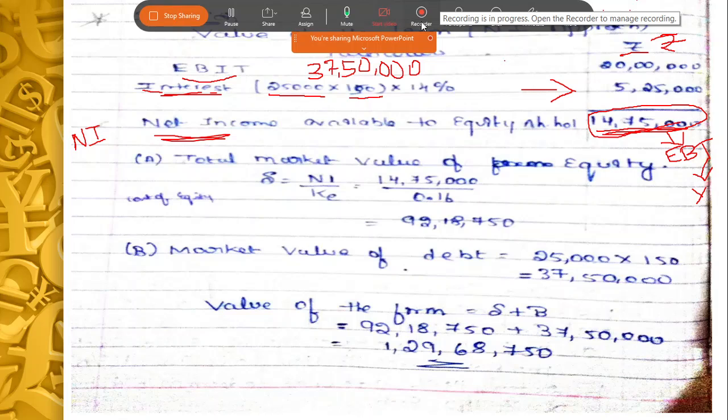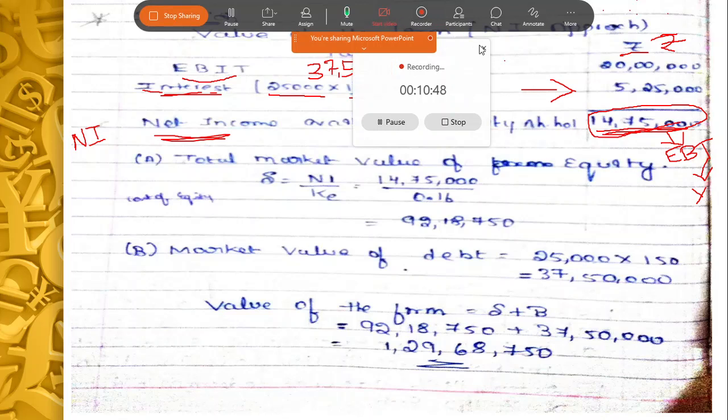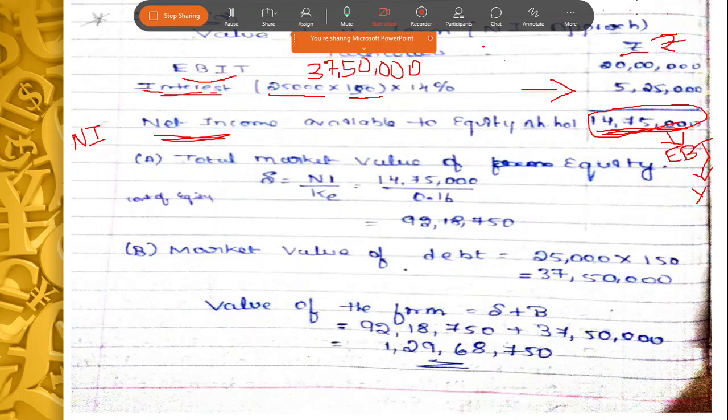Now S represents the total market value of the equity, B represents the total market value of the debt, I represents the total interest paid, and V represents the total value of the firm.